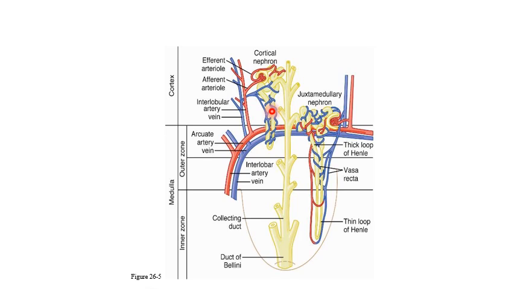We notice that the blood supply is unique for the juxtamedullary nephrons. It differs from the blood supply of the cortical nephron. The cortical nephron is short, whereas the juxtamedullary nephron is longer, so the blood supply is also unique. The peritubular capillaries are called vasa recta.